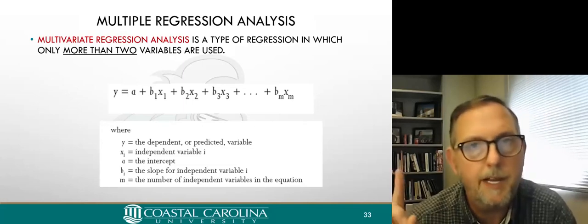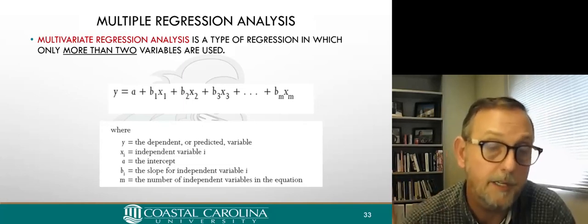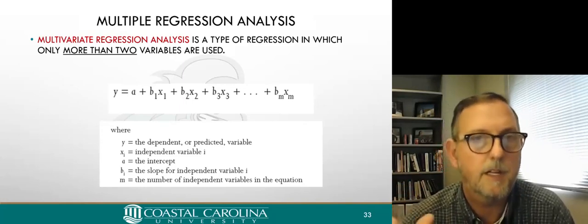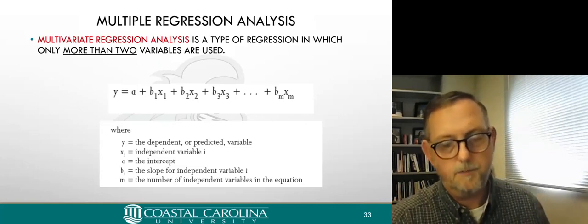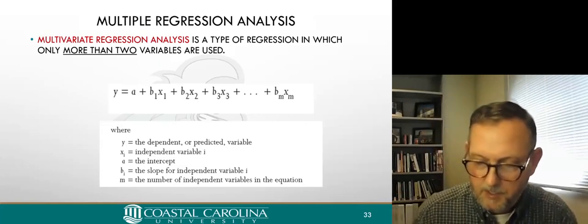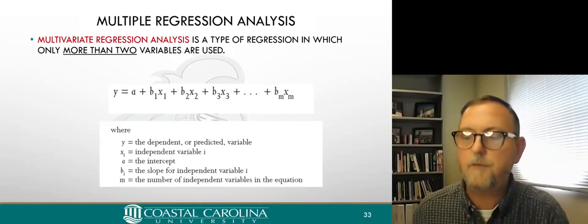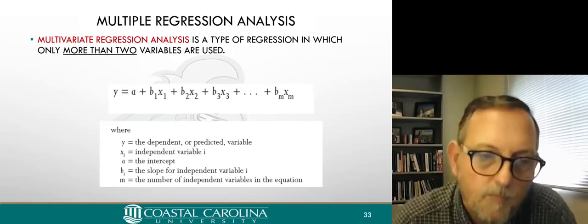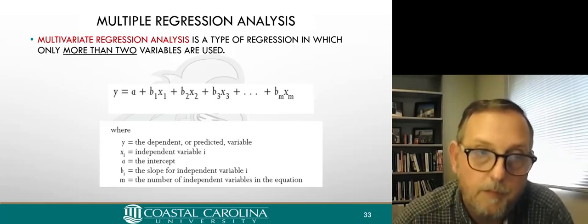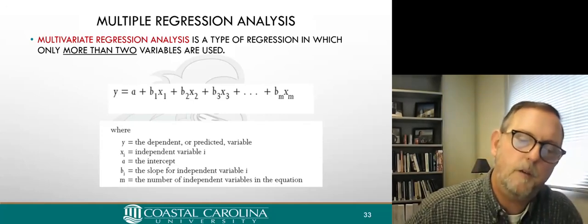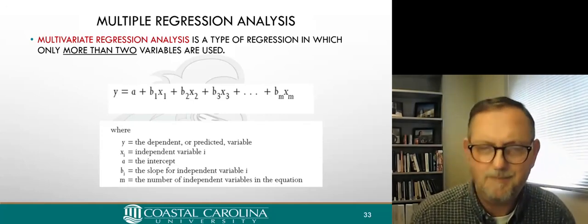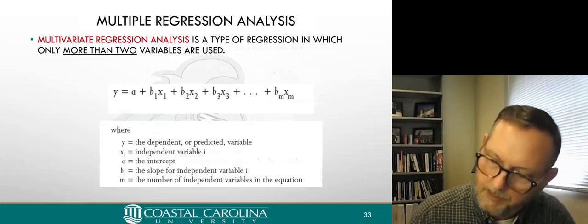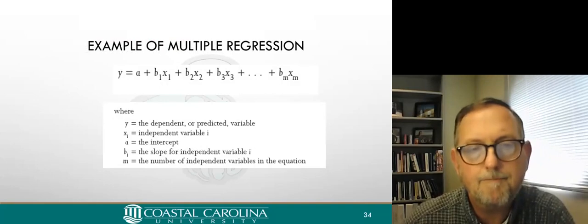So in the last example, we just had one x, and it was cost, and we had one beta. Now we're going to have the option of multiple x's and multiple associated betas with those. Okay, so this is kind of what we look at as we look at a multiple regression model. Now there's a couple more issues associated with this type of modeling.